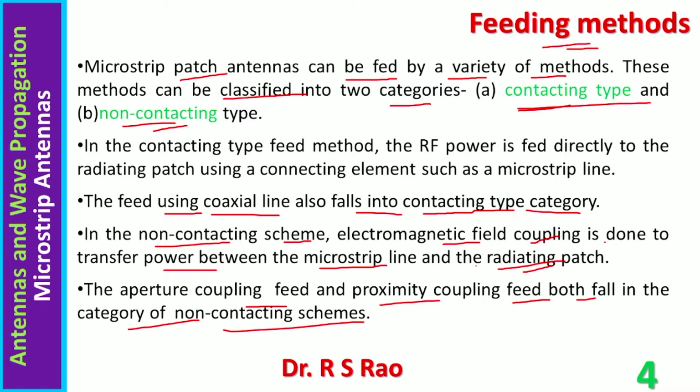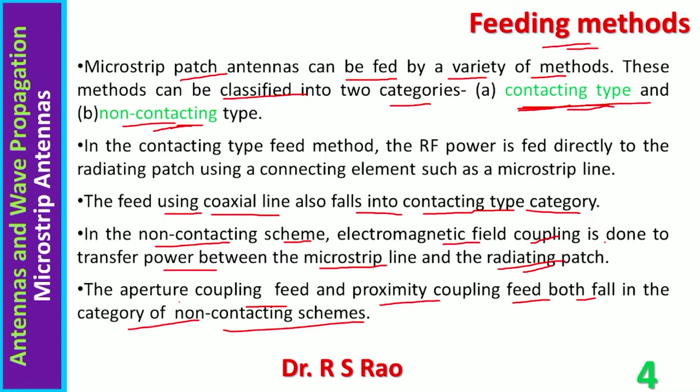So contacting type involves direct connection between feed line and the radiating patch, conductive coupling between feed line and patch, whereas in non-contacting type, the power is fed to the radiating patch through induction.